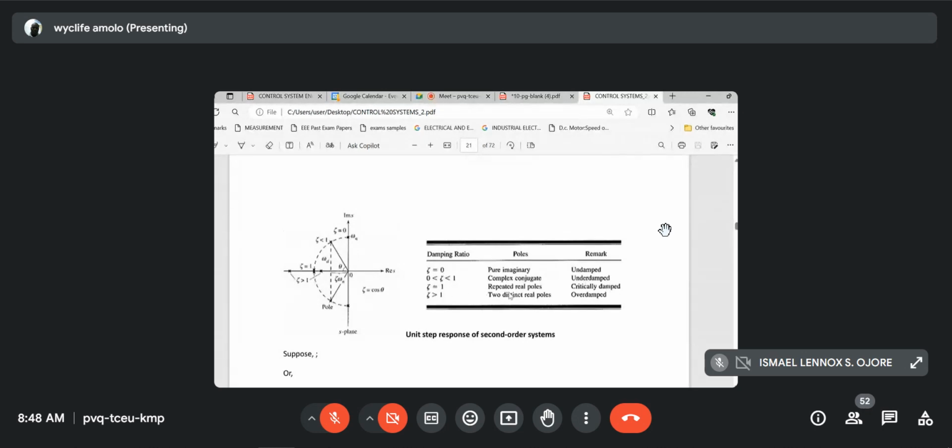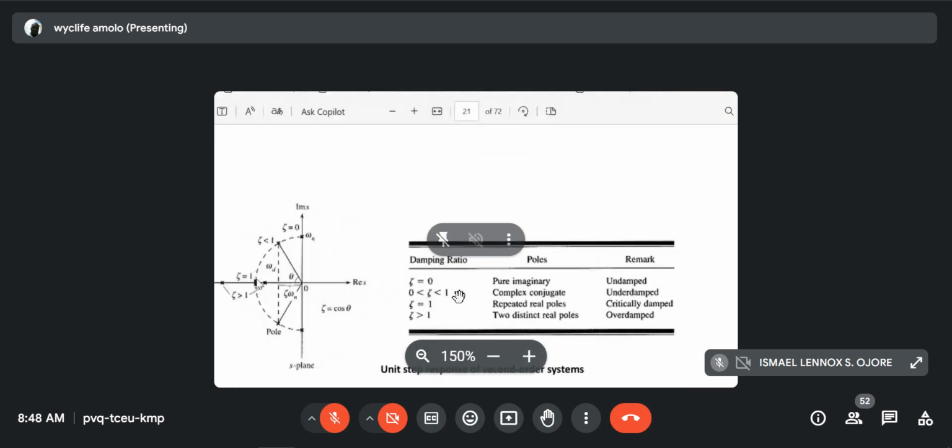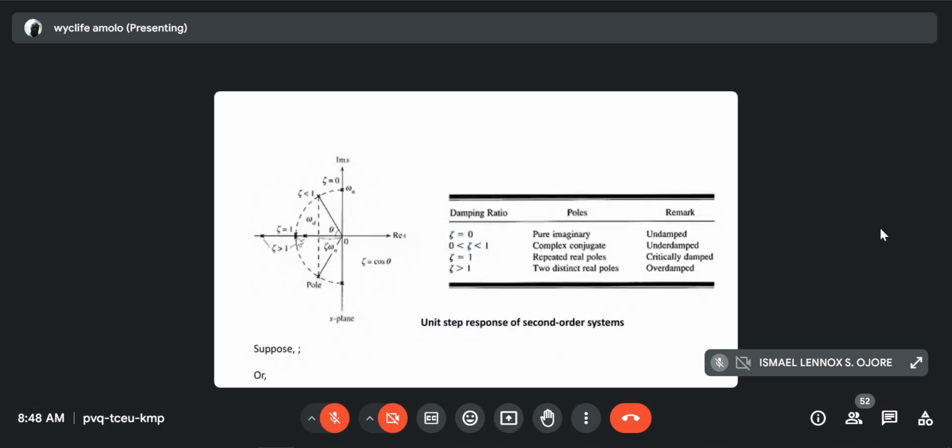When it is equal to 1, it is repeated real roots and critically damped. And when it is greater than 1, it's two distinct real poles and overdamped. So if this is the Wn, positive and negative imaginary, you can see that when it is equal to 1, repeated real poles, critically damped.